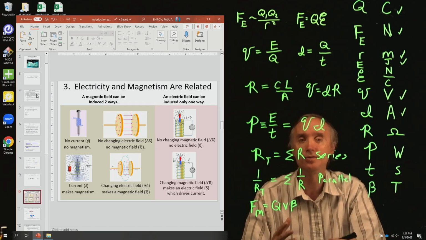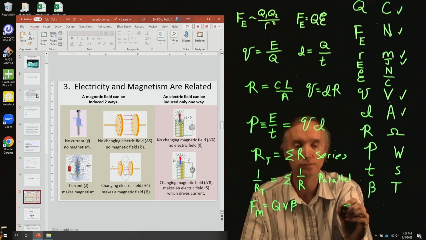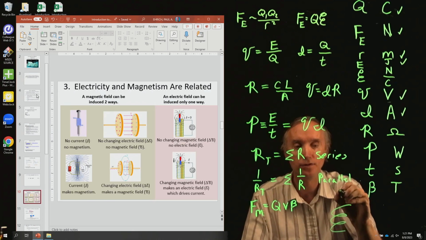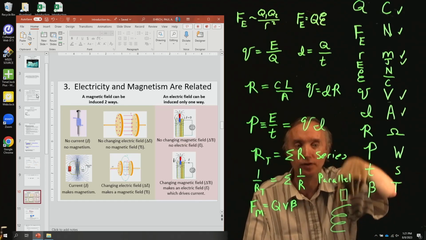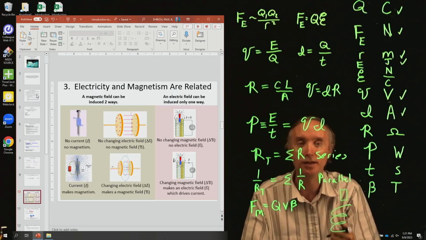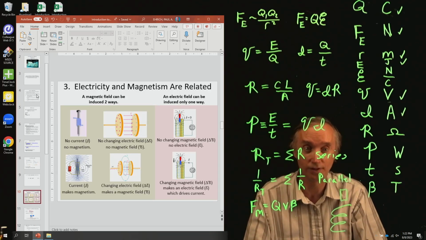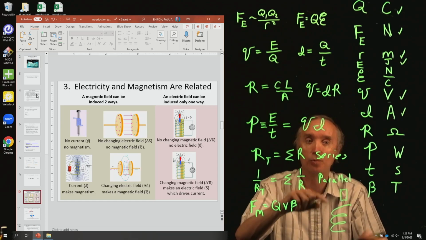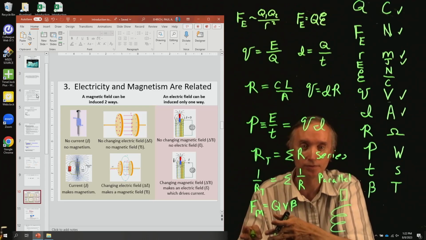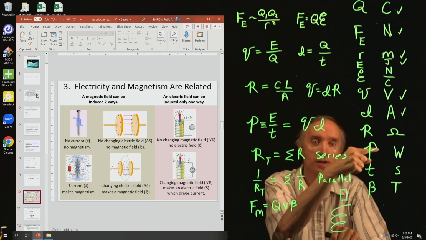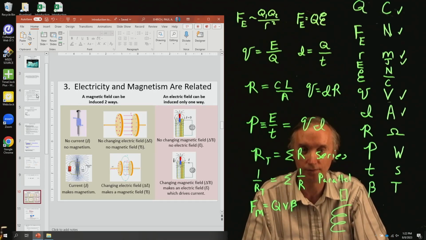Then we also found out that if you've got a coil, and you take a magnet and move it in and out of the coil, it's going to create electricity. The one on this side is that magnetism can make electricity.